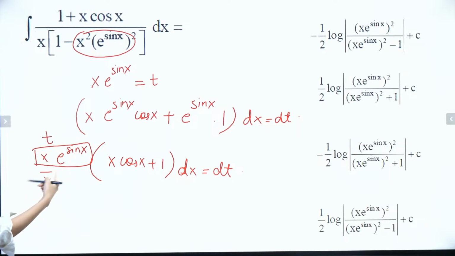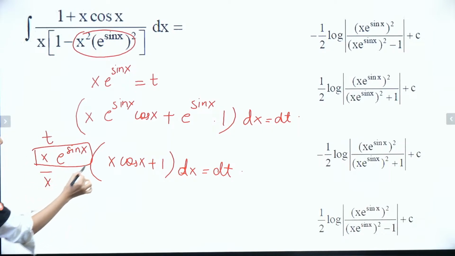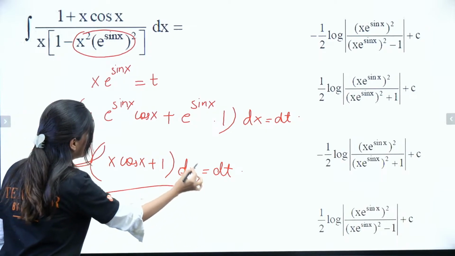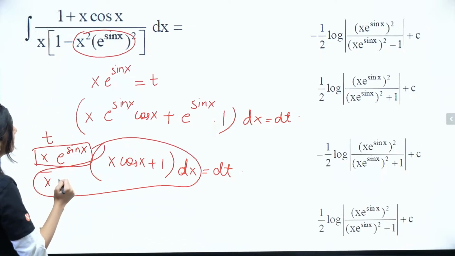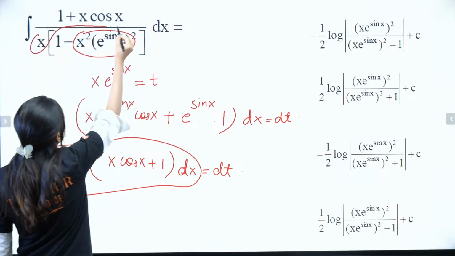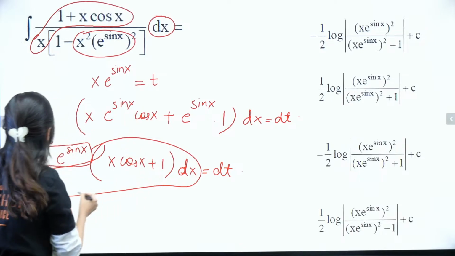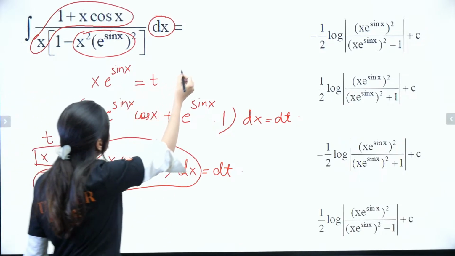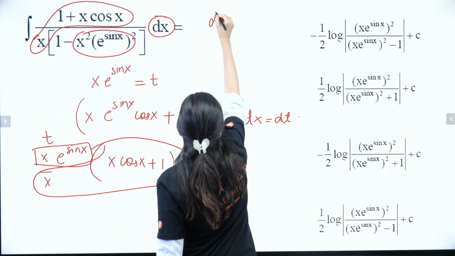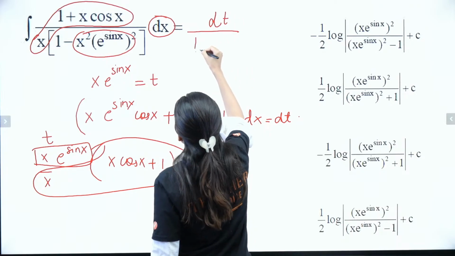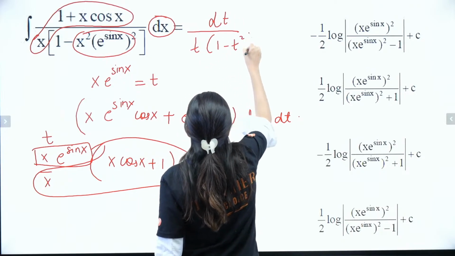This will become t. Okay, and this thing will become what? So this is t dt. So this is gone along with dx, right? And this t will be, so dt by t. So this is going to be dt by t times 1 minus t square.